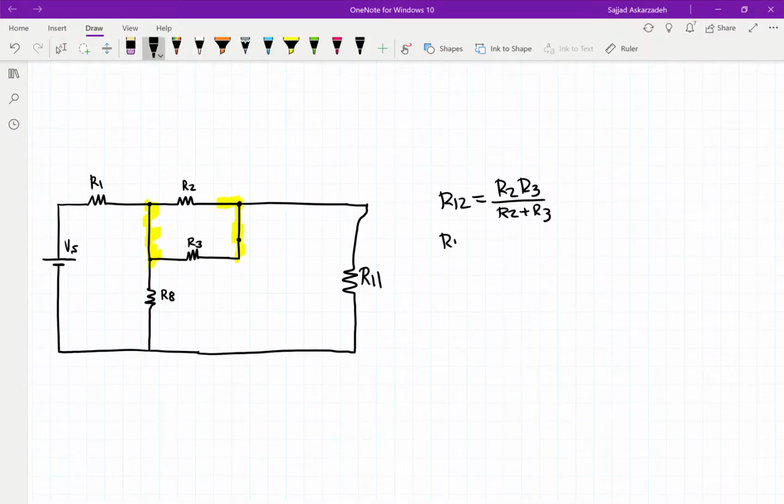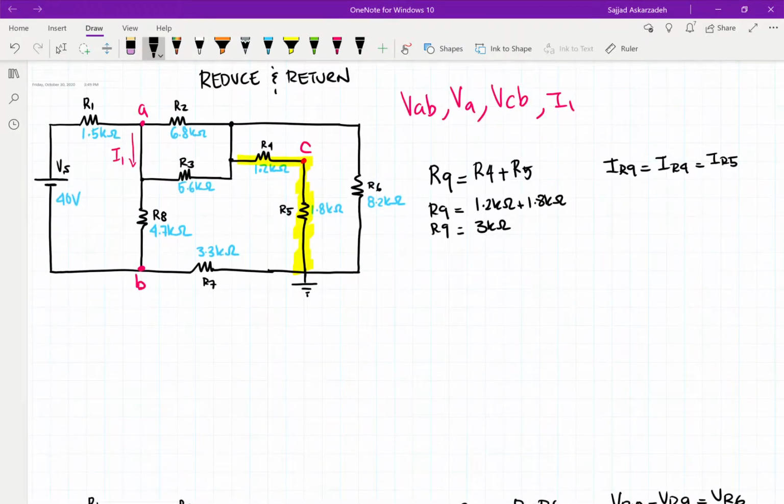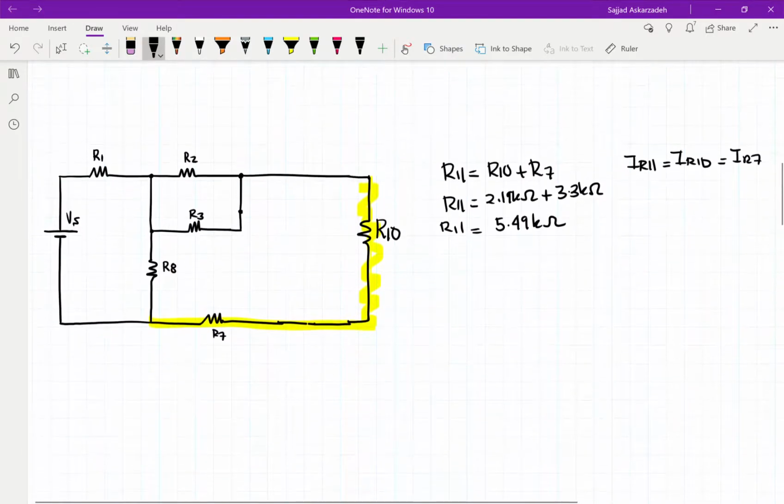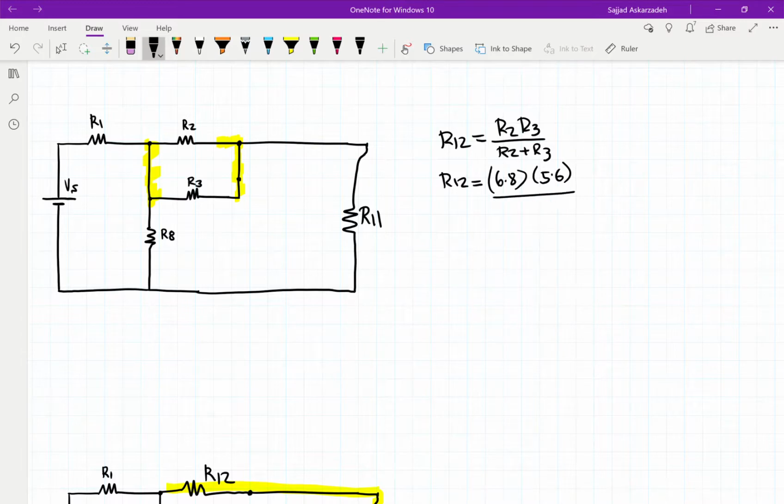So now R12 is R2 and R3, where the value of R2 was 6.8 and R3 was 5.6. So we can go ahead and say 6.8 for R2, and then 5.6 for R3, and then we do the same thing for this one.